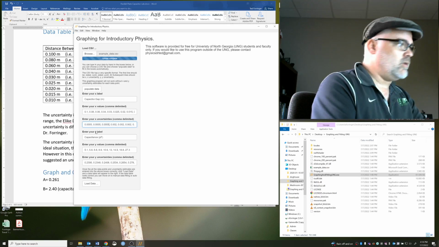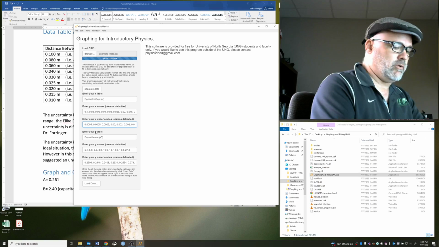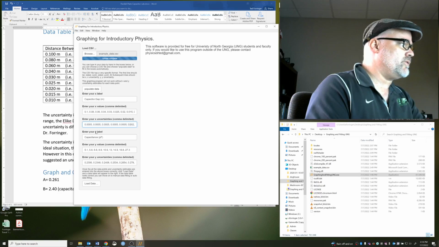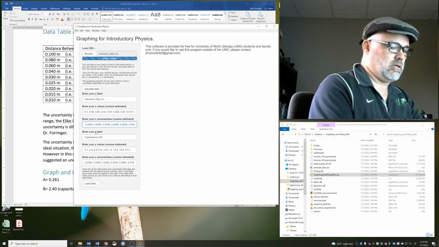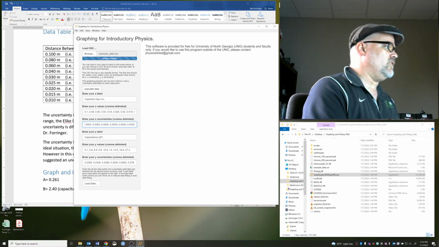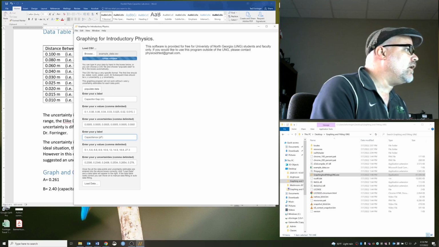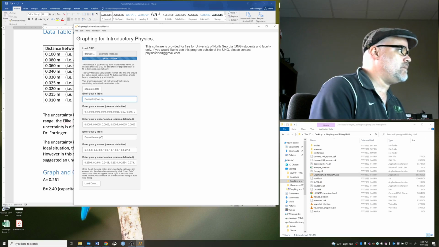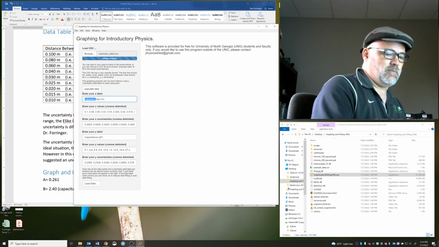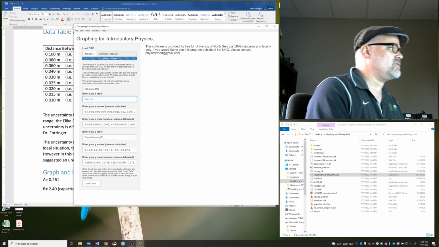So without going through and changing the data file, I can change what the program is going to actually graph by going in and changing these values in the fields here. Also, for whatever reason, it put a period between capacitor and gap for the X label, and in fact, maybe I just want to use gap for the X label, right?